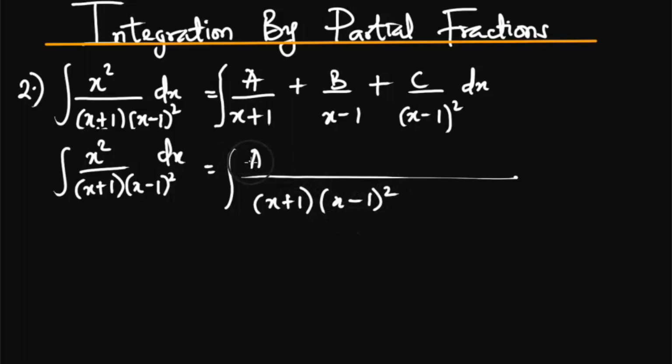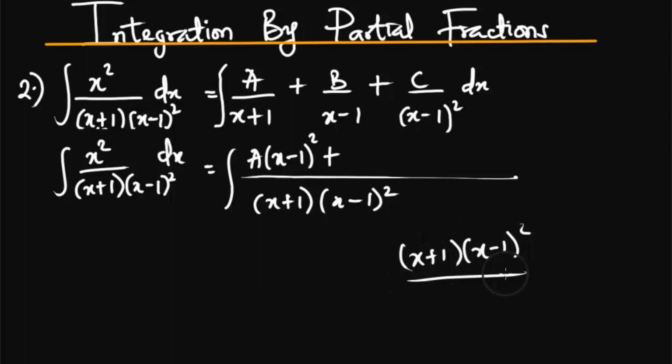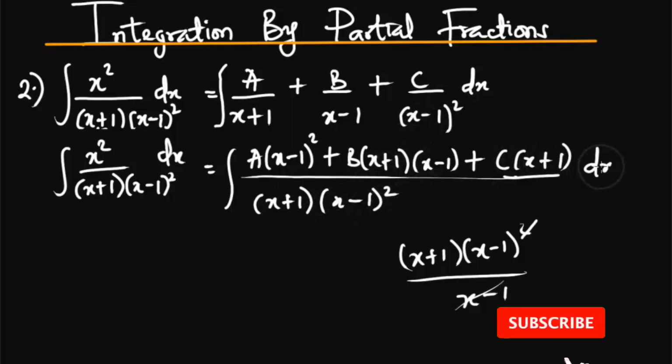So we have A multiplied by (x minus 1) squared plus (x plus 1)(x minus 1) squared divided by x minus 1, we are left with B into (x plus 1)(x minus 1), and then plus C multiplied by (x plus 1) dx.